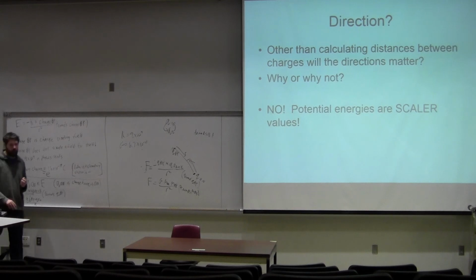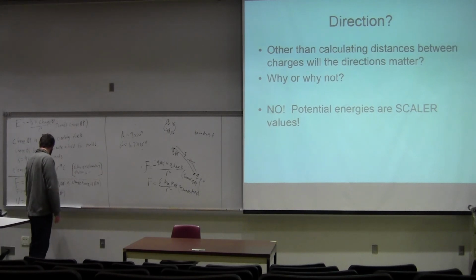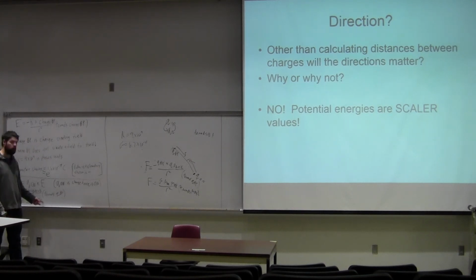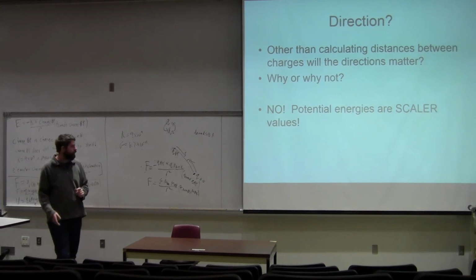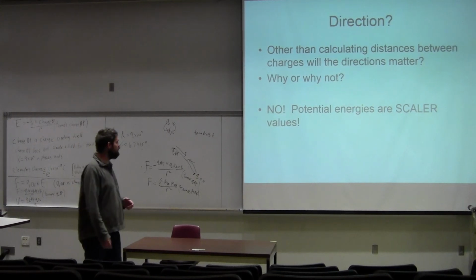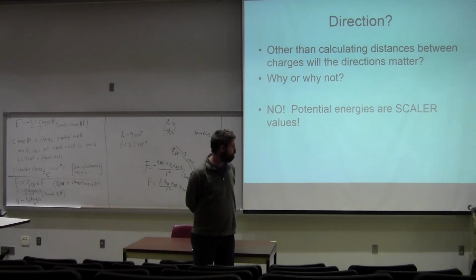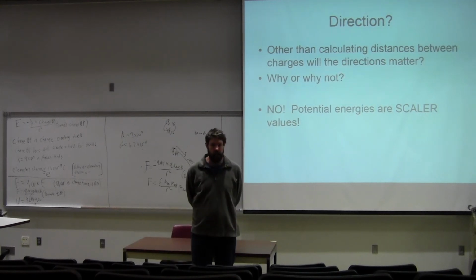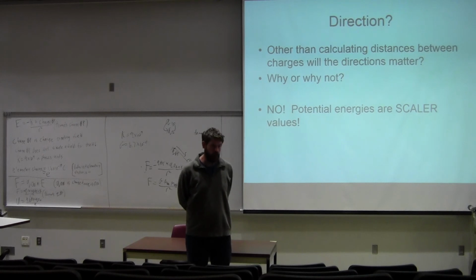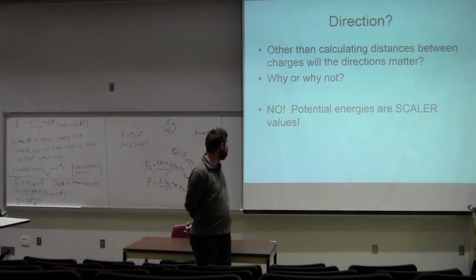All right, now for energy, notice I did not put any direction like I did for the field and force. Why did I not emphasize direction for energy? Well, that's because energy is a scalar. It does not have direction. So no worries about direction for that.